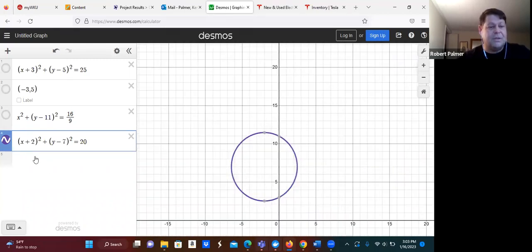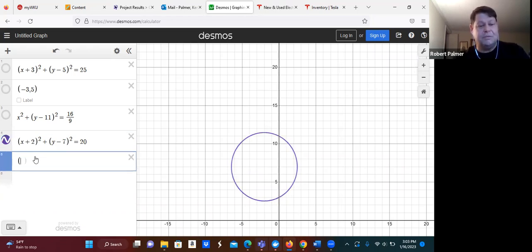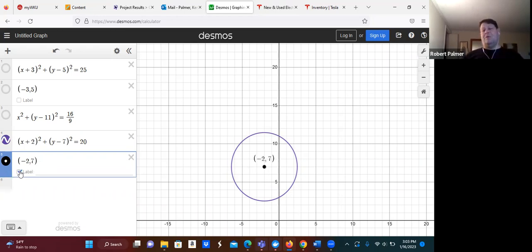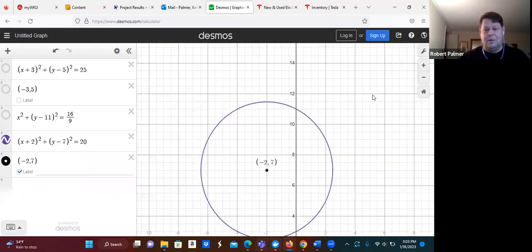We said the center should be (−2, 7), and that appears to be right. Let me label it. That appears to be the center of our circle. Of course, we can also zoom in a bit if we want. And so that's our circle.